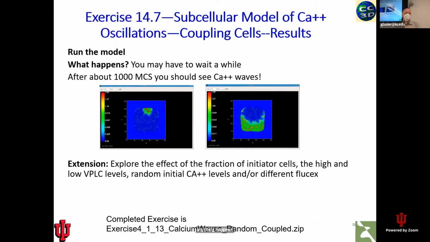But at about 1,000 Monte Carlo steps, one of those initiator cells will start firing. And when it fires, you should see transmission of calcium spiking to the next and the next and the next cell. You have to visualize the chemical field. So you have to turn on the visualization of CP and I for it to do anything.